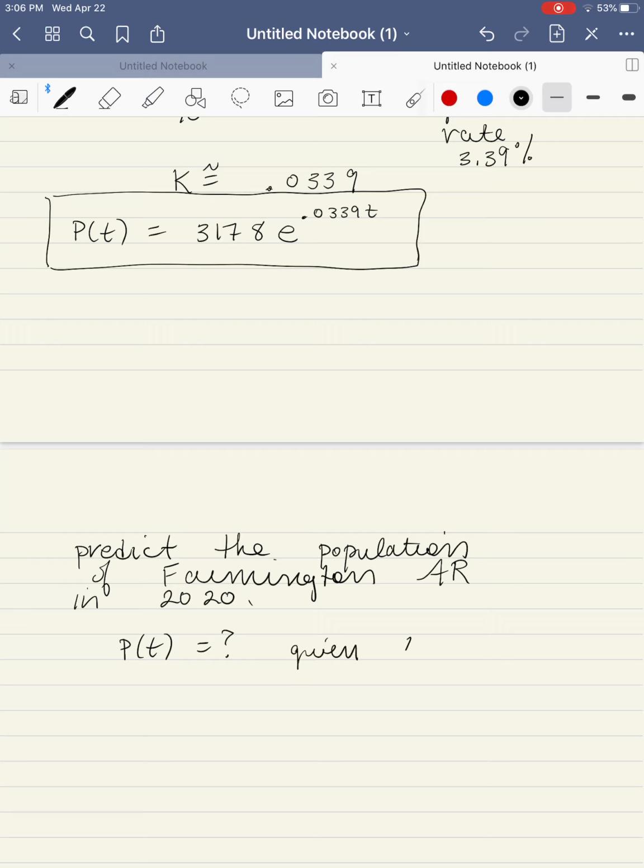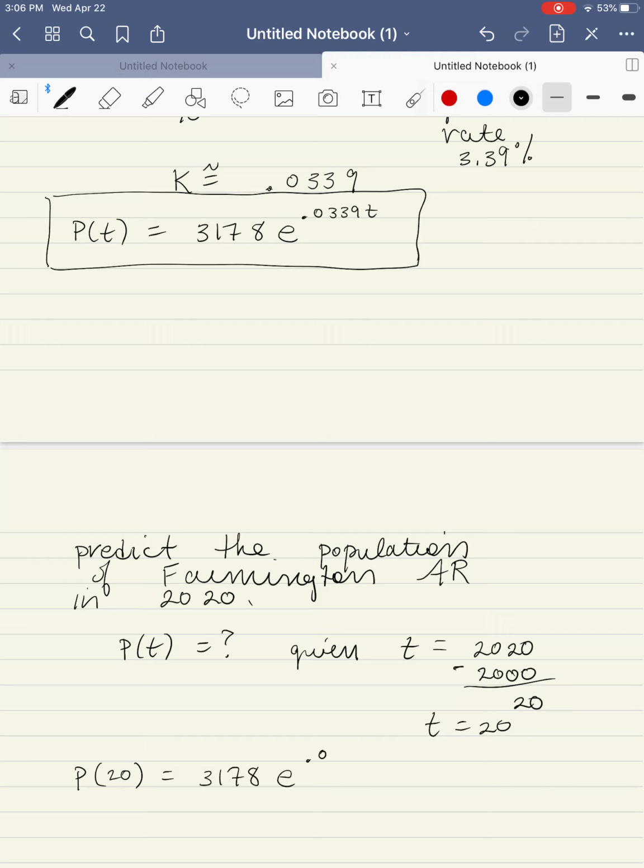So what this is saying is, what is the population given t equals, and 2020 minus the initial year 2000 is 20. So this is saying find P of t if we know that t is 20.